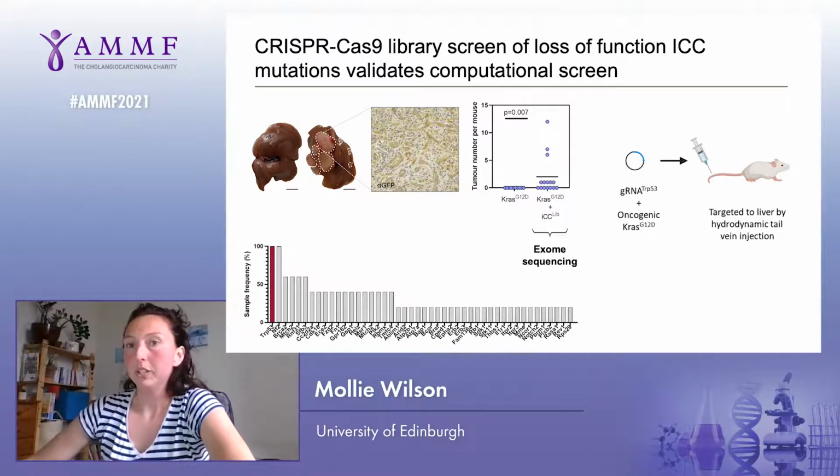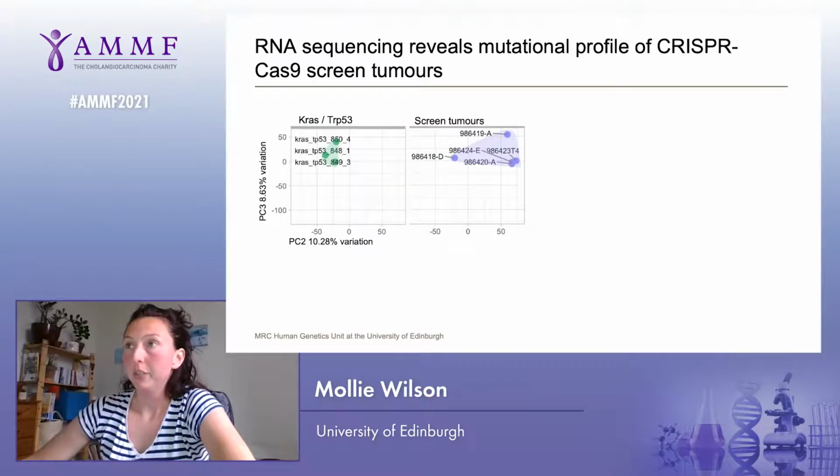So establishing this model gave us a great control to use when we did RNA sequencing to look at differential expression of transcripts in our CRISPR screen tumours compared to this Kras TP53 control. I also did RNA sequencing compared to normal bile ducts that we isolated from these immune compromised mice that we use for this experiment.